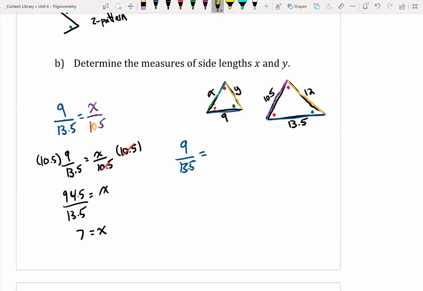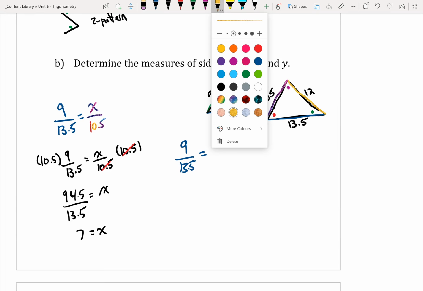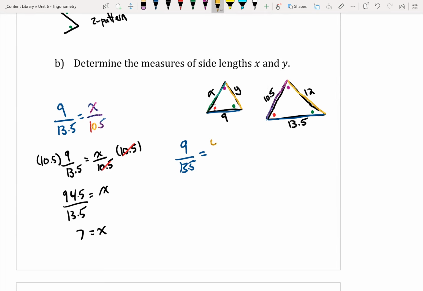And when I'm trying to find the other one, I'm going to set it up with the small triangle first. So that side is y divided by the side from the other triangle, which is 12. Now I can solve my equation. So I'm just going to rewrite it: 9 divided by 13.5 is equal to y divided by 12.